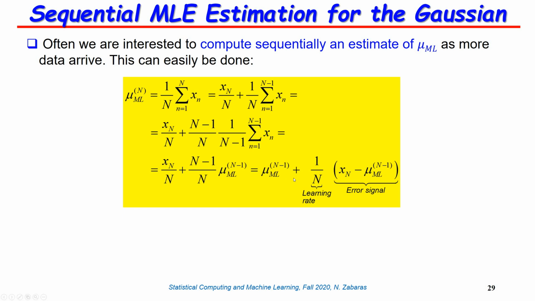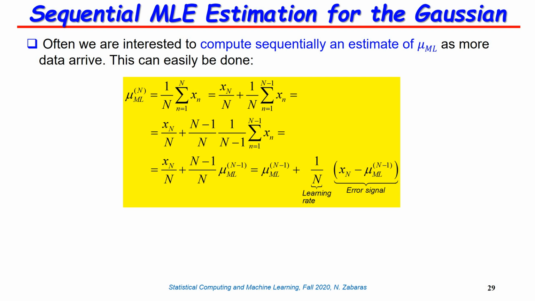So effectively I have a correction to my previous estimator, and the correction involves an error signal that is the difference between my data point xn and my previous MLE estimator for the mean. And then there is this coefficient on the front that I call a learning rate.